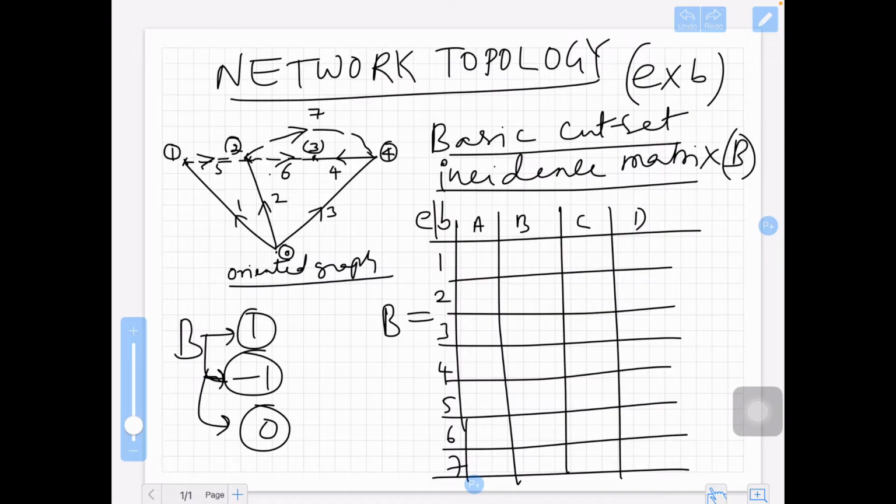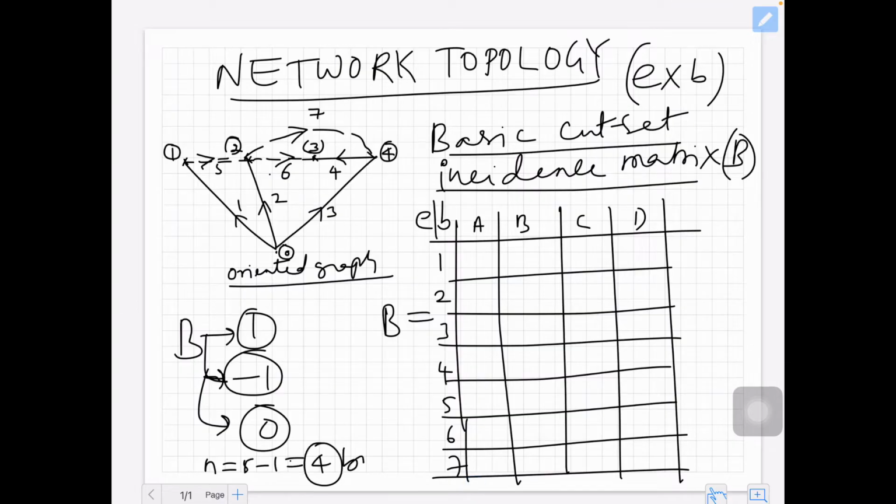So first node, second node, third node, fourth node. So these 4 buses. Suppose here we have total nodes equal to 5. If you omit 1, then this becomes buses. So in this example, the buses are equal to the number of branches. So we are forming the basic cut set like this.